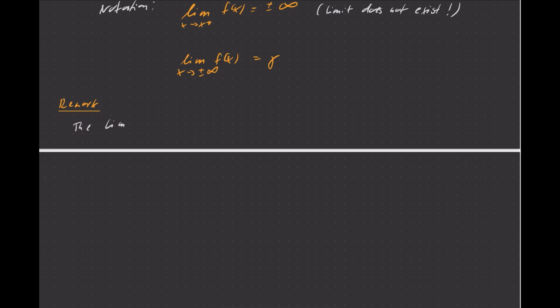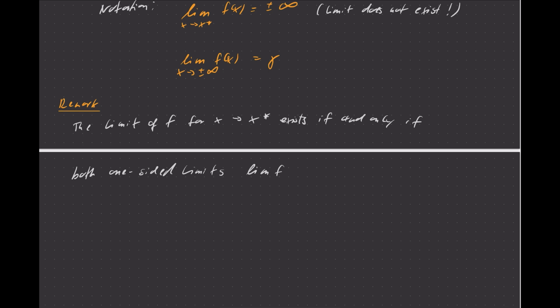So the limit of f for x tending to x star, this exists if and only if both one-sided limits, so the limit of f of x as x tends to x star from below, and the limit of f of x as x tends to x star from above, both exist and coincide.